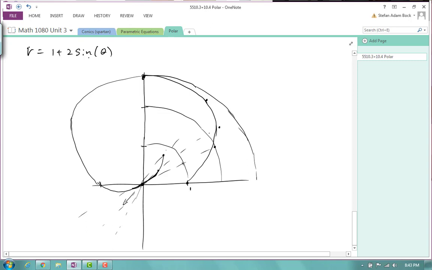And then as I reach 3 pi over 2, my sine will be negative 1, so 1 plus 2 times negative 1, which is 1 minus 2, which is negative 1. So when it's pointing this way, I have a radius of negative 1, so up here.